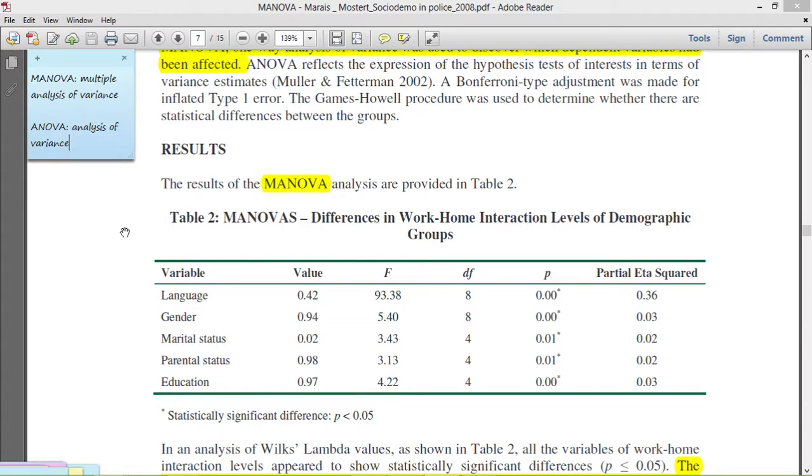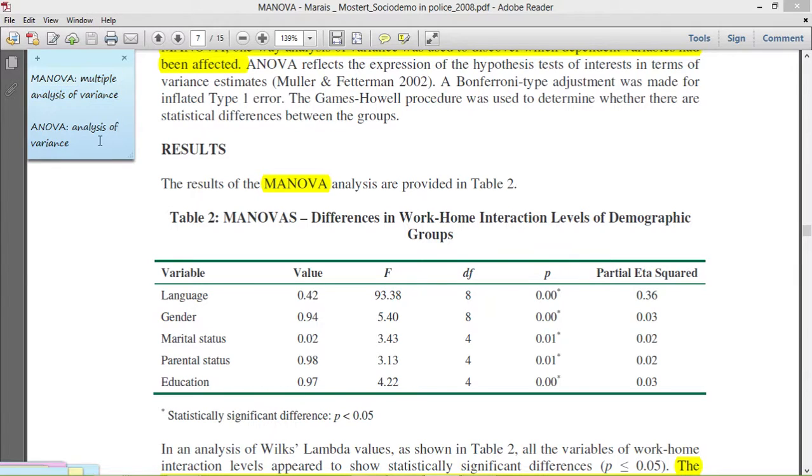Now, MANOVA refers to multivariate analysis of variance. One of the main points, we should state that the acronym MANOVA refers to multiple analysis of variance, is because I've noticed in some articles the authors will use the acronym, whereas in other articles the authors will use the full term.